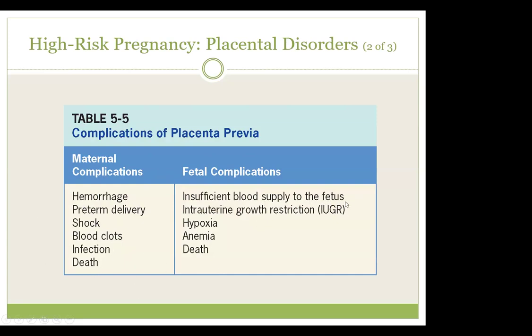For the fetus, it depends on how the baby's head is engaged or how the baby's head is lying where the placenta is, because remember, all of the nutrients, the oxygen, everything is exchanged at the placental level.